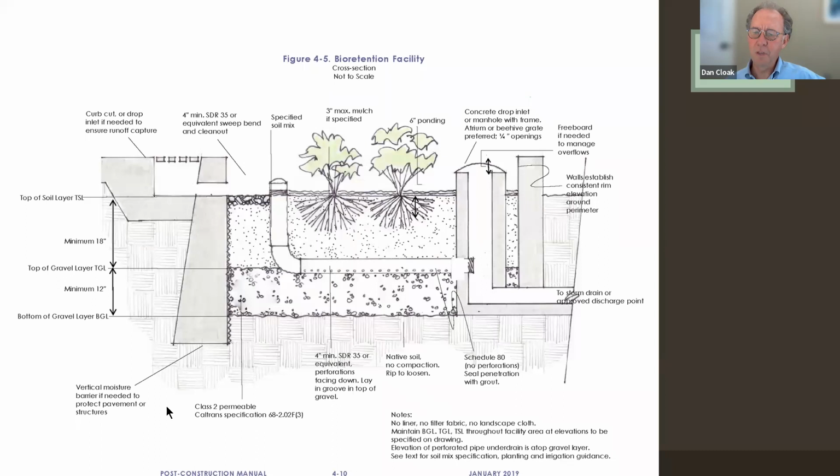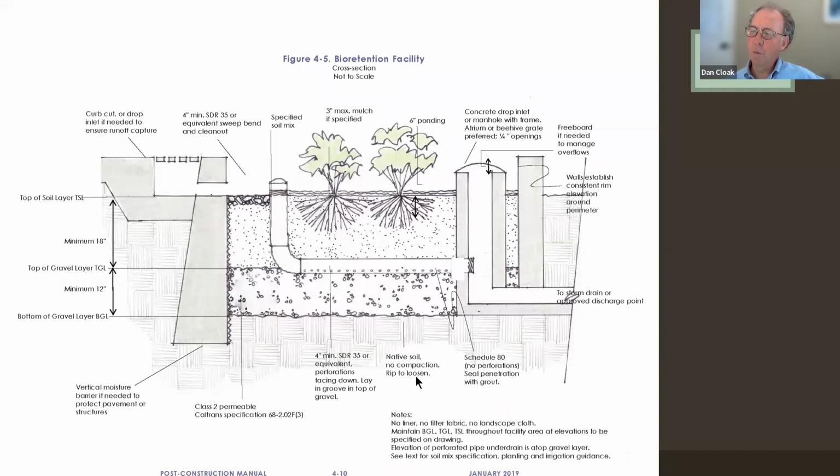And each of these things, as they're applicable in the particular situation, should be observed. Some of the key ones, I think actually here, we had that question about putting bioretention facilities close to buildings or foundations. Here we're showing a vertical moisture barrier if needed to protect pavement or structures. That's the standard. Of course, it is something that geotech needs to review and sign off on.